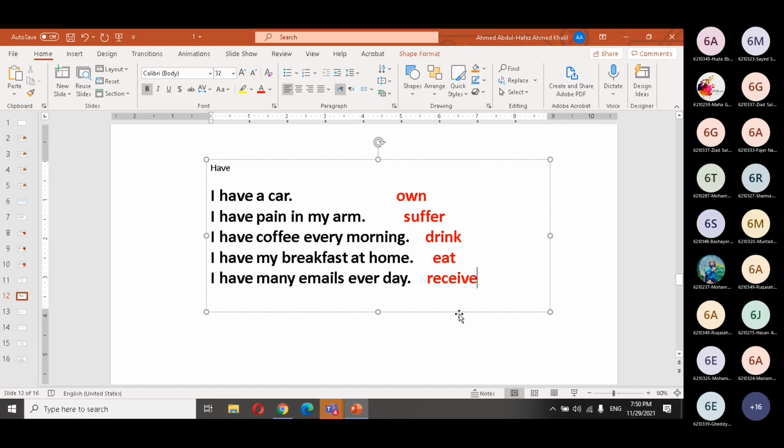I have a good salary means I get a good salary. I am paid. I receive also a good salary. Say I have a good salary every month. Okay. So here means I receive or I get. So the meaning will be different according to the sentence. This is what I was talking about. We need to be a bit flexible.